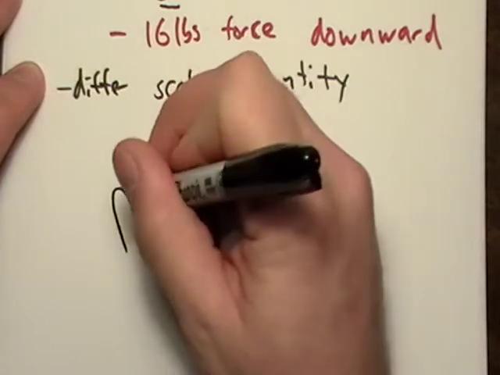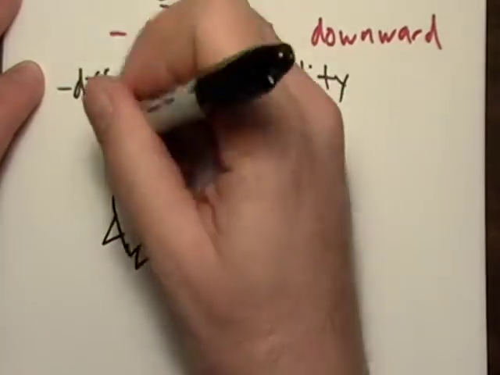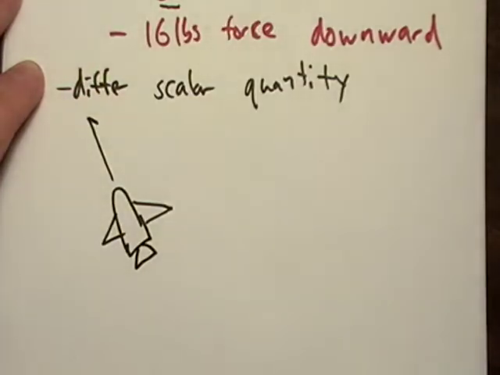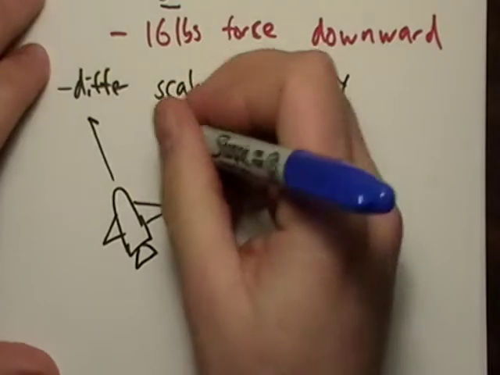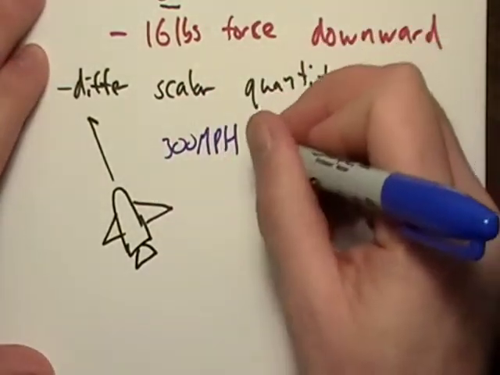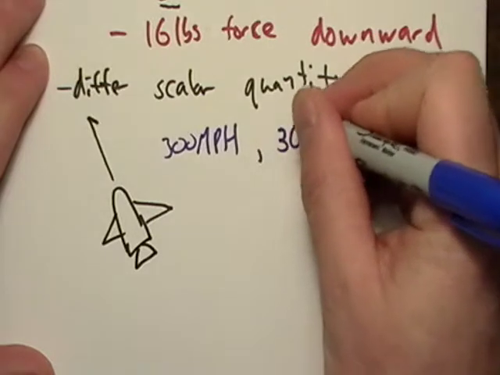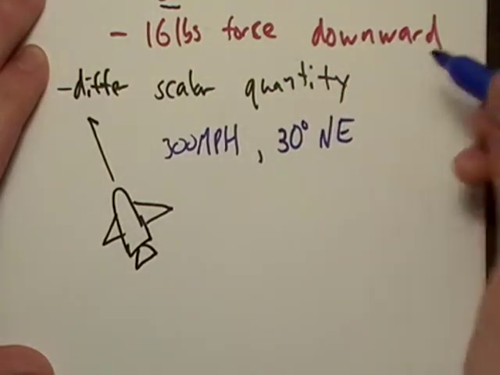You might have an airplane and it's going on a vector, and let's say it's going 300 miles per hour at 30 degrees north of east.